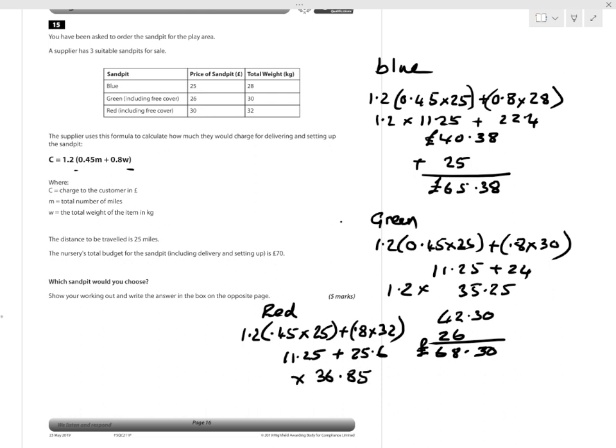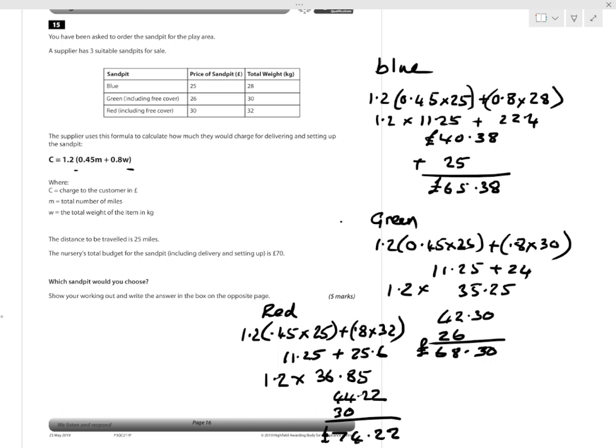Now we multiply that by the 1.2, which comes out as 44.22, and the cost of that one is £30. So that's going to be £74.22. So now we know how much they all cost.